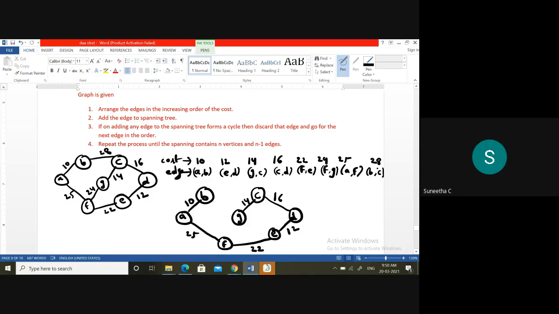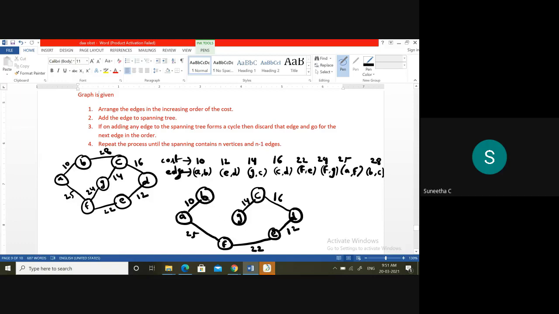So all the edges are covered. Okay. Now you check whether the spanning tree contains n vertices and n minus 1 edges or not. Now this is the spanning tree constructed using Kruskal's algorithm. Check whether it contains all the vertices of the given graph and n minus 1 edges or not.